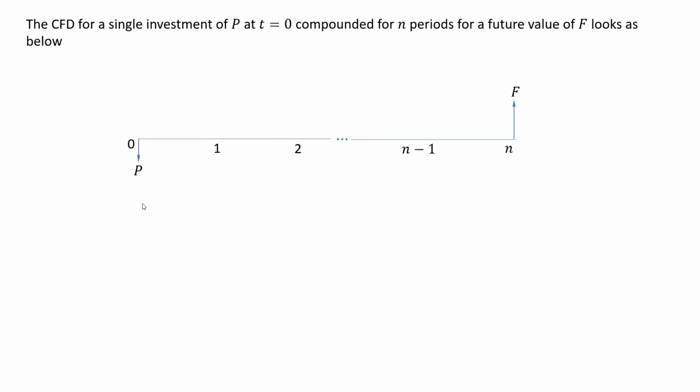If an arrow is pointing down, below the time axis, then we're talking about a negative cash flow. And when an arrow is pointing up, in the positive direction above the time axis, that is a positive cash flow.